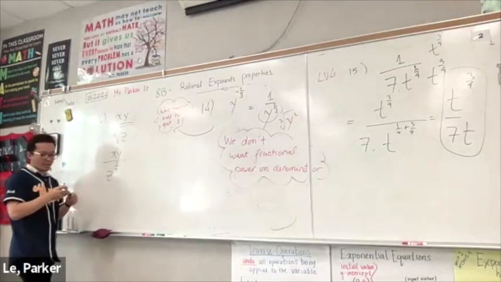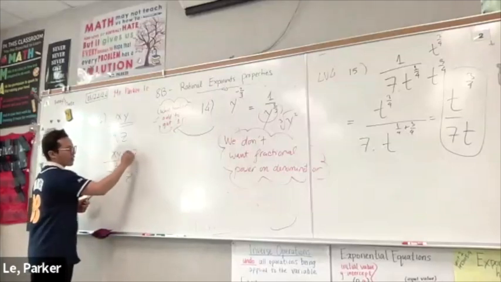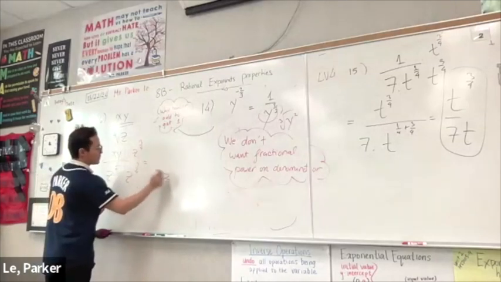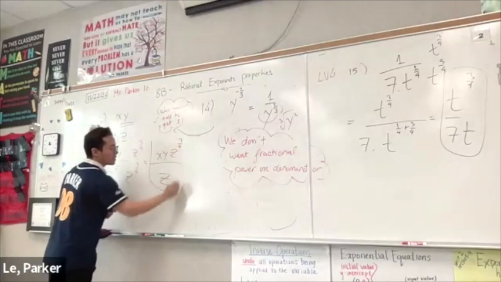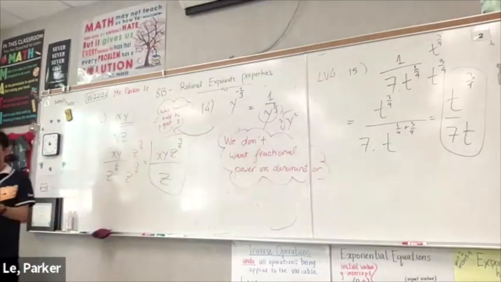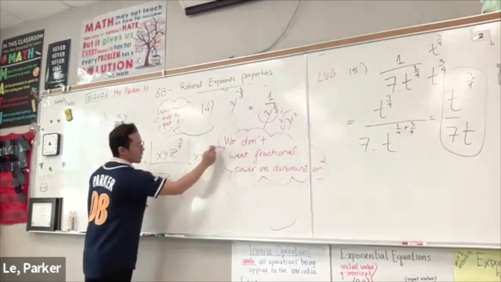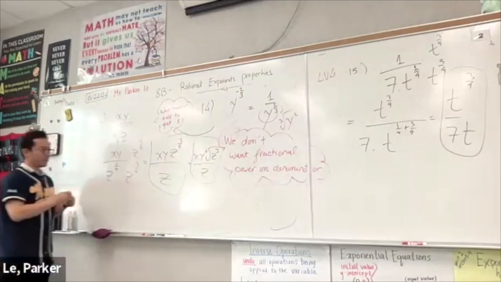What do you add to get one? 3/4, because 3/4 plus 1/4 is one. So xyz to the 3/4. That's it. Or you can write x, y to power 4, z to power 3. Either way is fine.